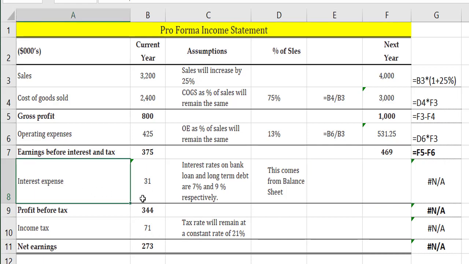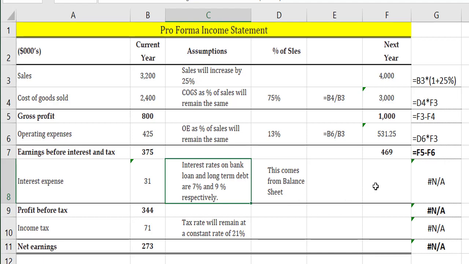Now what about interest expense? Interest expense doesn't change automatically with sales, and we have made the assumption that interest on the bank loan, the short-term debt and the long-term debt are 7% and 9%, and this comes from the balance sheet. We don't know how much the bank loan or short-term loan is and how much the long-term loan is.